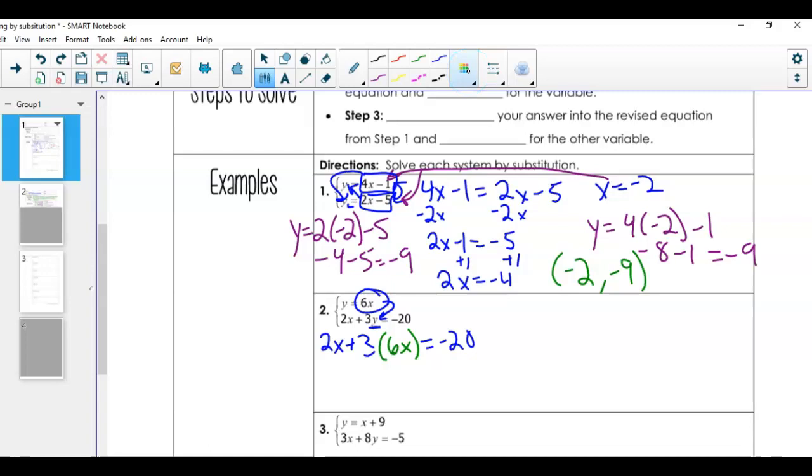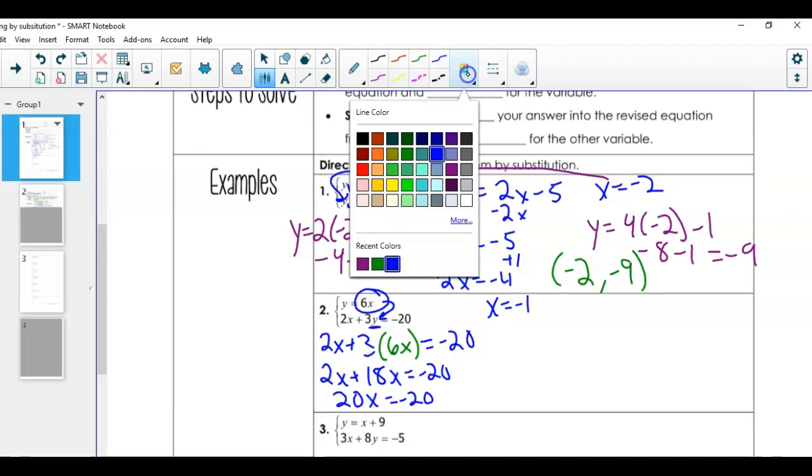Now, I am just going to solve this for x. So here I would need to multiply 3 and 6x. In this case, I have 2 x's that I can combine. And then divide everything by positive 20. So here I see that my x is -1.